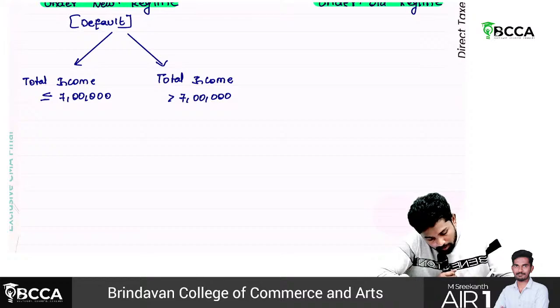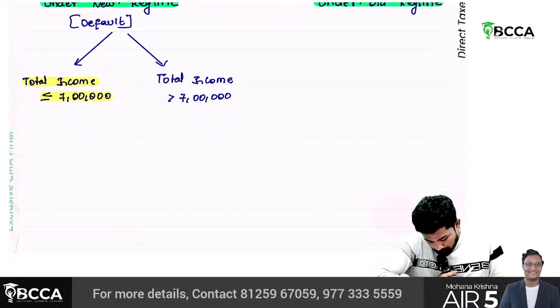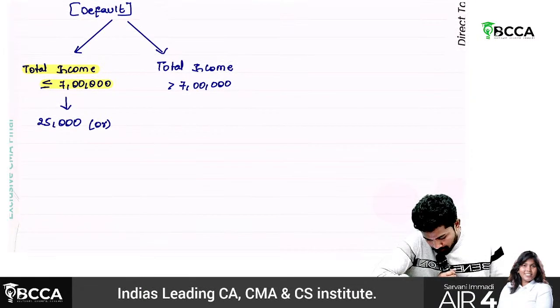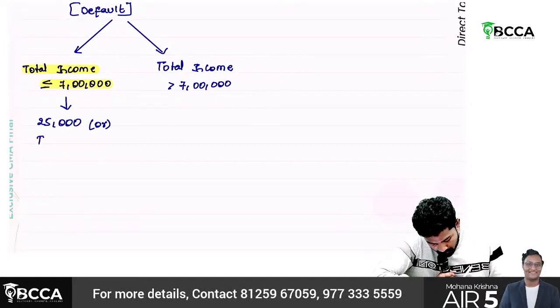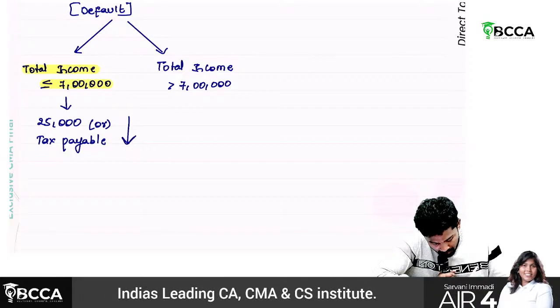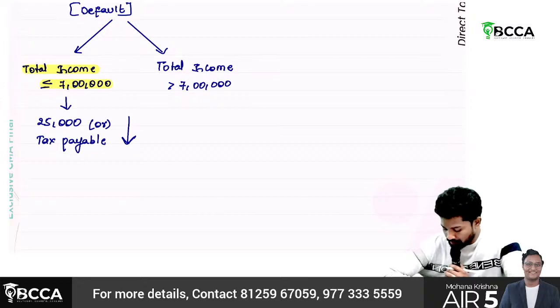If the total income is less than or equal to 7 lakhs, then the rebate is 25,000 or tax payable, whichever is less.